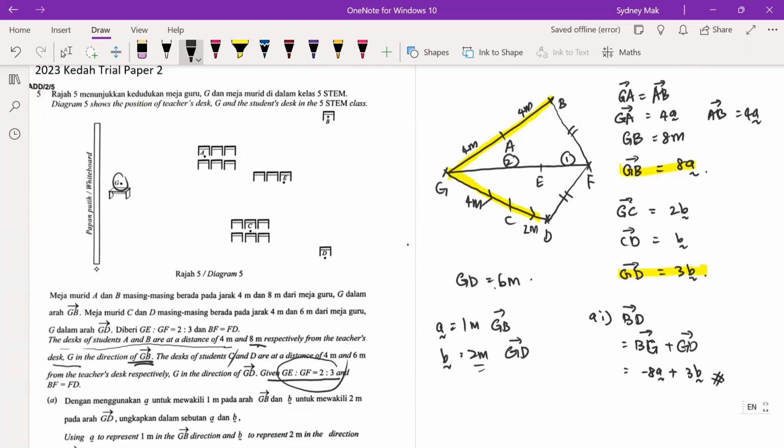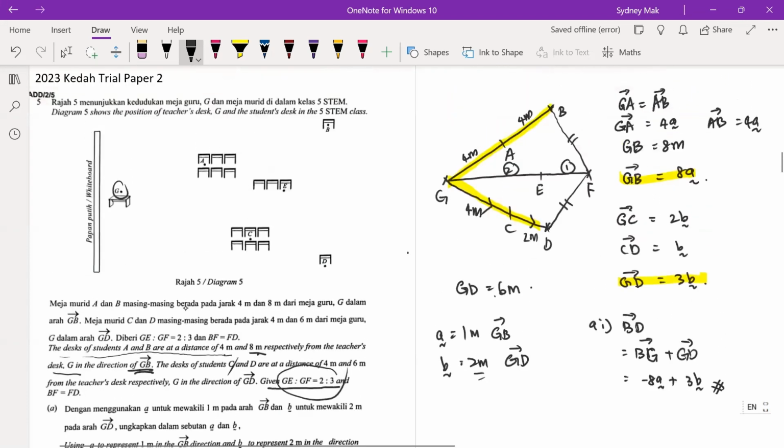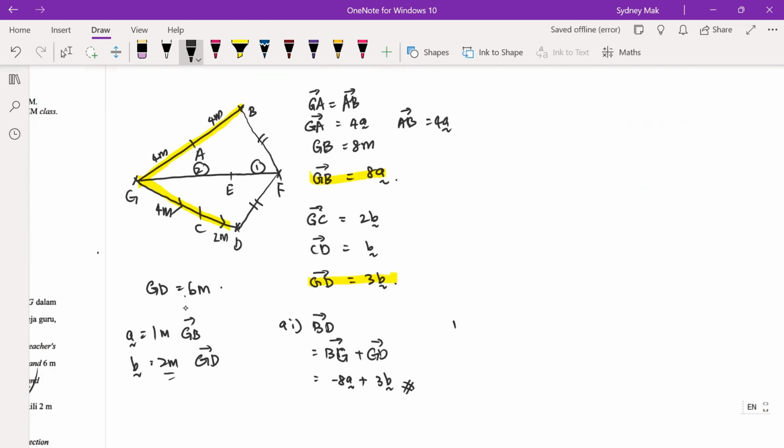And next, we need to find EF. Now, in vector questions, we may need to use the vector that we found previously. EF is here, from here to here. So we start with E and end with F, but there is no known A or B between E and F. But we already found BD.